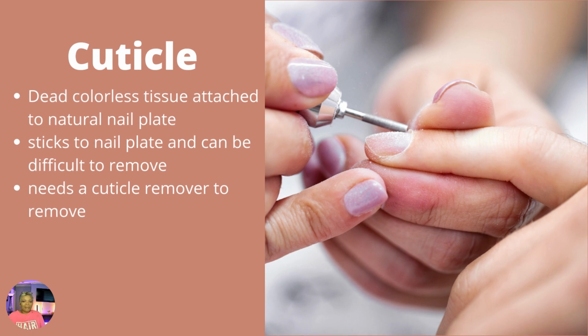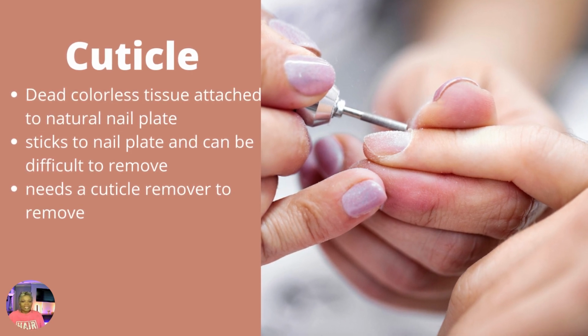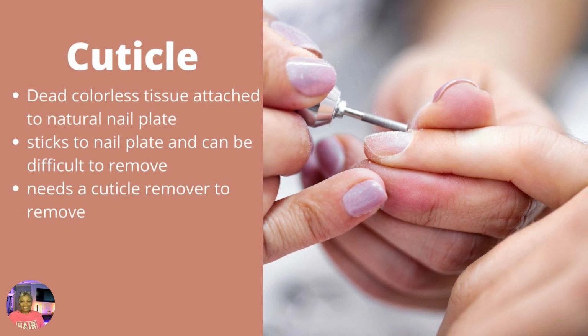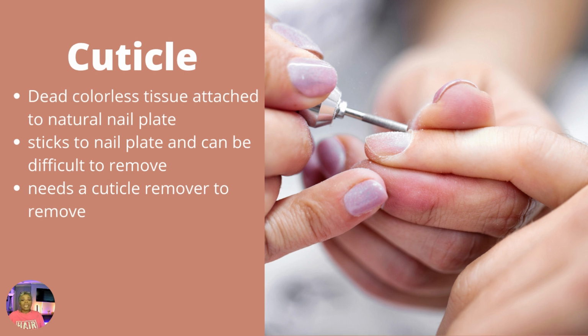All right, let's talk about cuticle. That's dead, colorless tissue that's attached to the nail plate. When you're giving a manicure, or even if you're about to apply tips, you should do a little mini manicure because you want to get rid of all of that dead skin or dead cuticle on the nail plate so that your nail can stick better. Sometimes it can be difficult to remove, so you may have to use a cuticle remover.